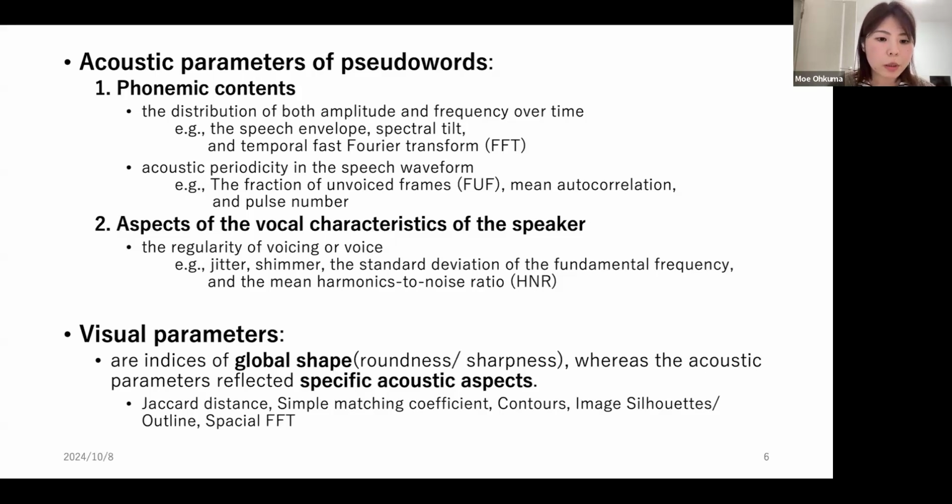While visual parameters are indices of global shape, whereas the acoustic parameters reflected specific acoustic aspects.